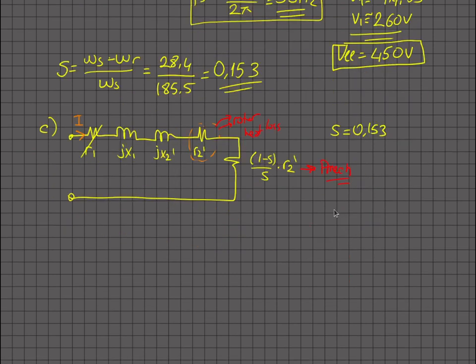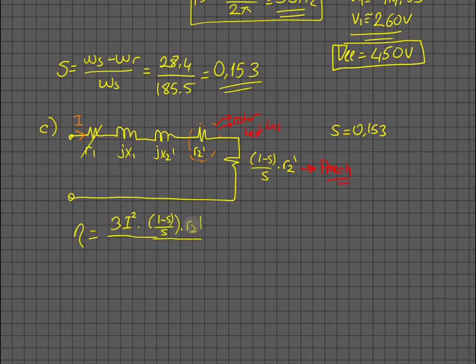Again, it is really rough and you need to know R1, but within this information, I can write the output power as 3I squared times (1 minus S) over S times R2 prime, for the sake of completeness, though it doesn't really matter.